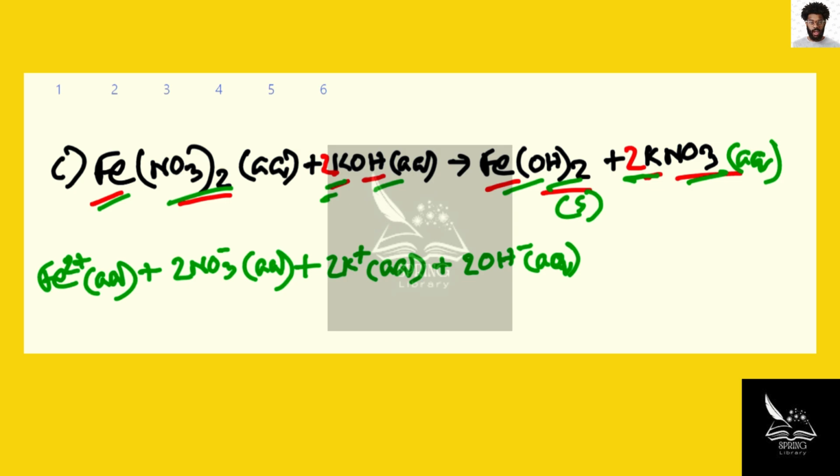And in the product side, we will have Fe(OH)2. It being an insoluble solid, it will be in the solid form. Plus we will have two potassium ion and two nitrate ion.